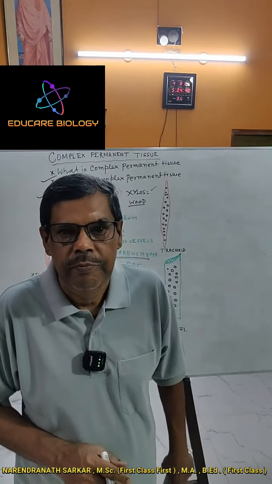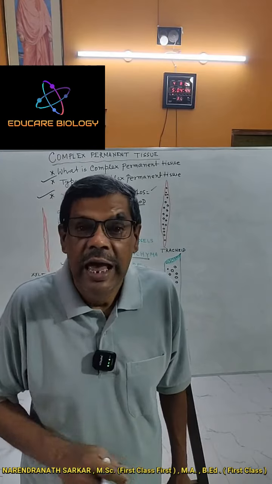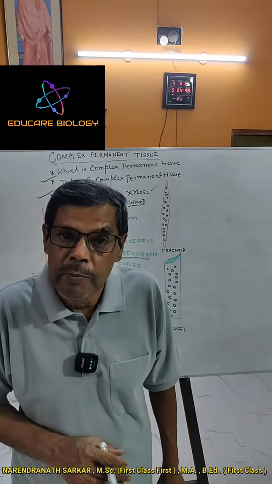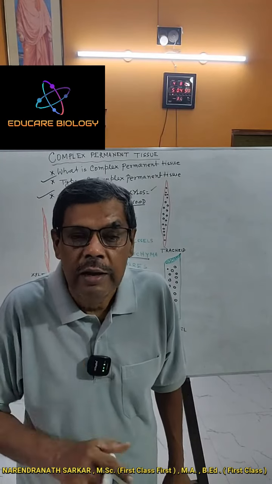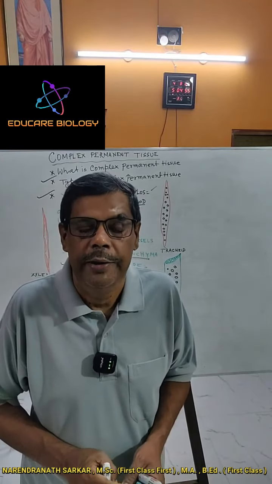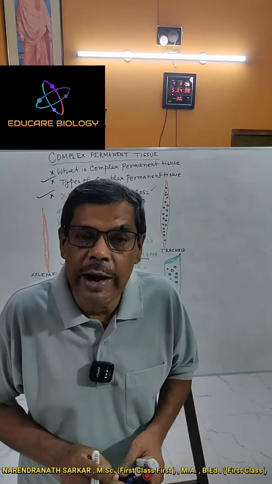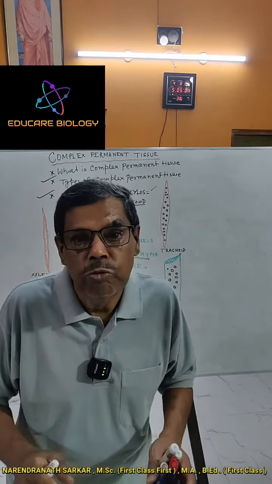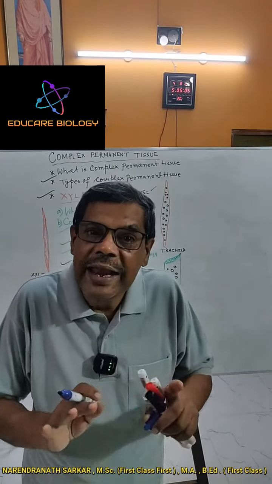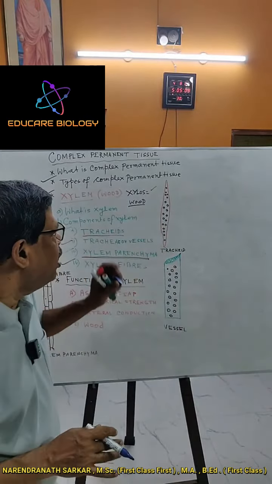Second is spiral. Third is reticular. Fourth is scalariform. Fifth are pits. Pits may be simple or bordered. These are the five types of ornamentation.